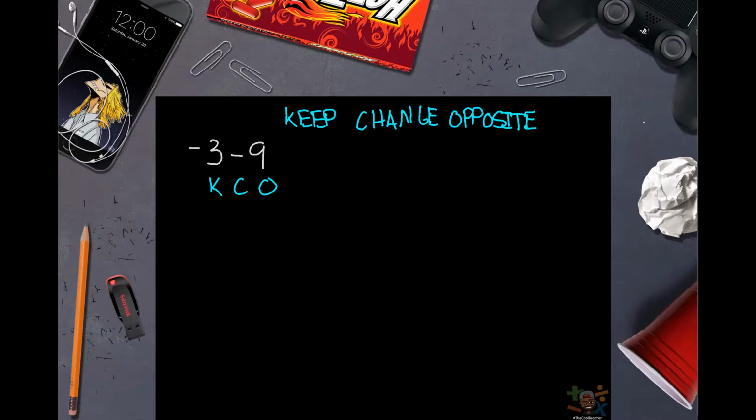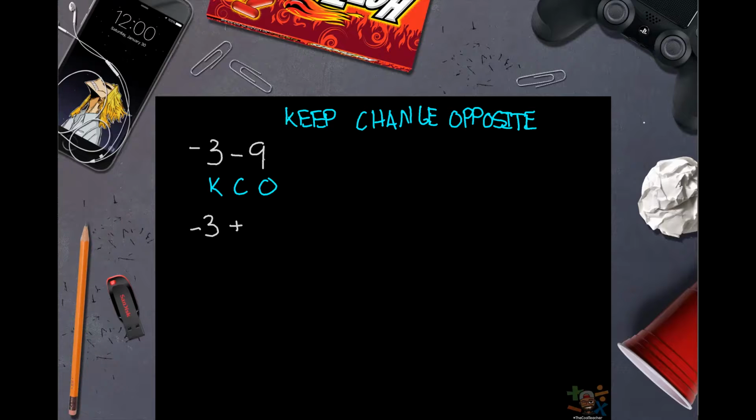So what are we going to do? Just like you thought, we're going to keep this 3 as a -3. We're going to change subtraction, or the negative, or the minus sign, all of them mean the same thing, into an addition sign, or a plus sign, or a positive sign.